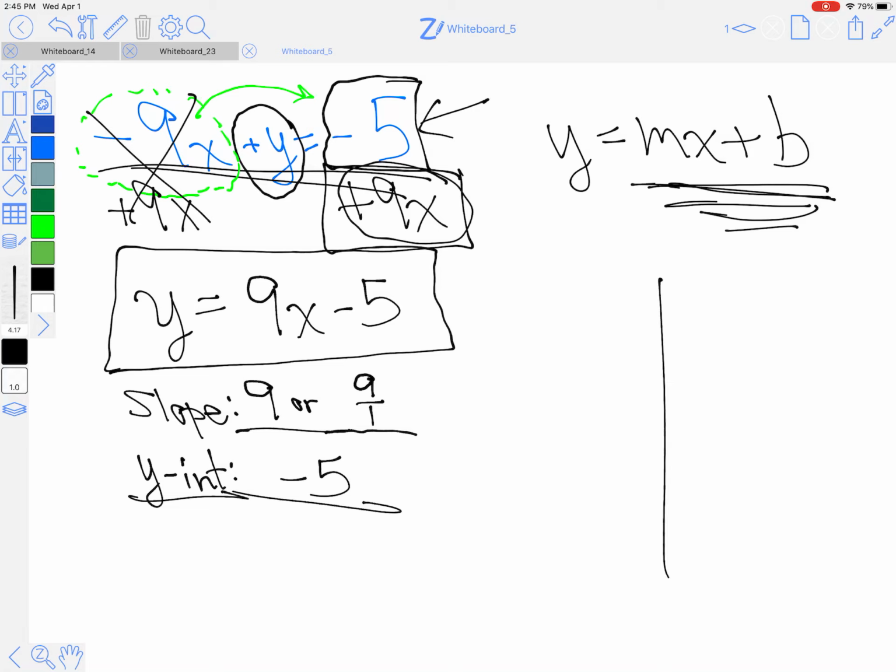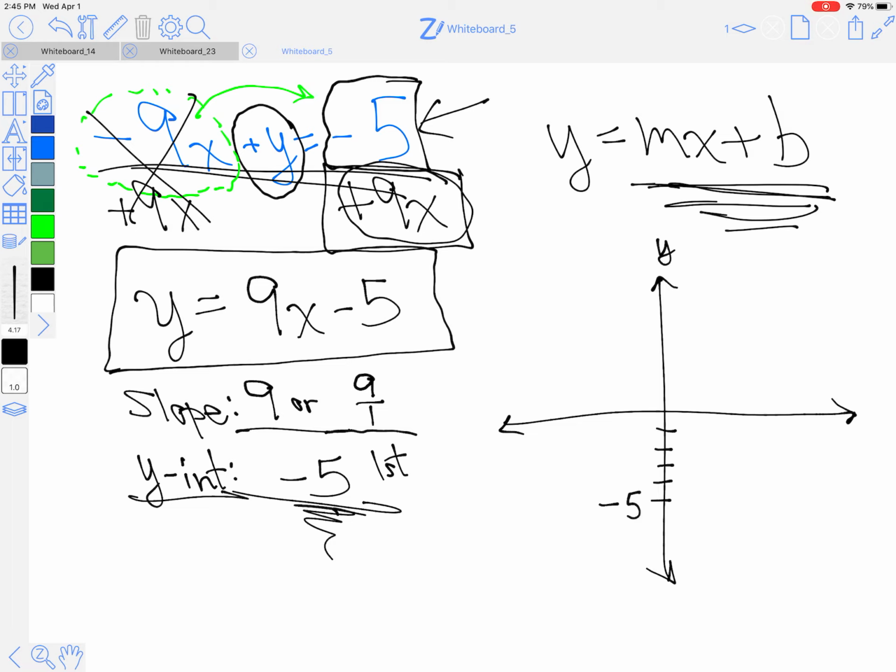So if I sketch this just kind of quickly over here, y-intercept is what I start with first. This is the y-axis, my up and down, my vertical. Go down to 5 because the y-intercept is at negative 5.